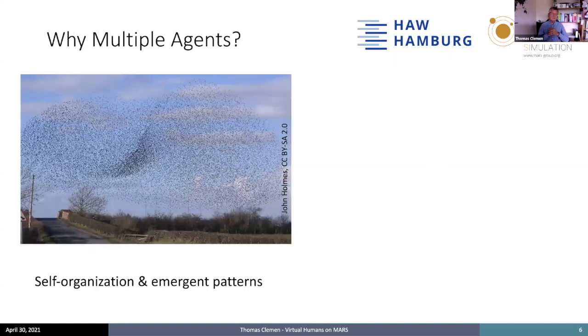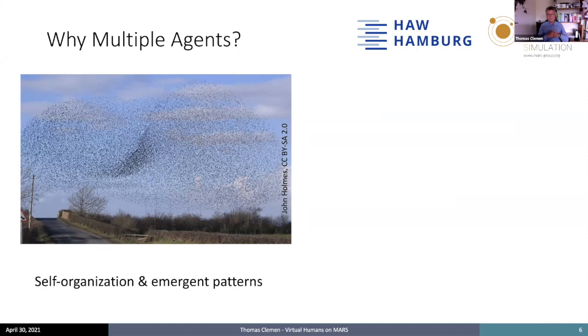So the next question I would like to raise is, why do we need to consider multiple agents? Wouldn't it be enough to describe one agent, how this agent behaves in its environment, and then transfer the result to the entire system?